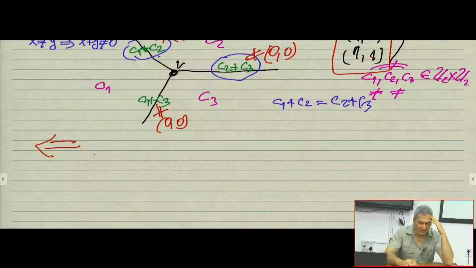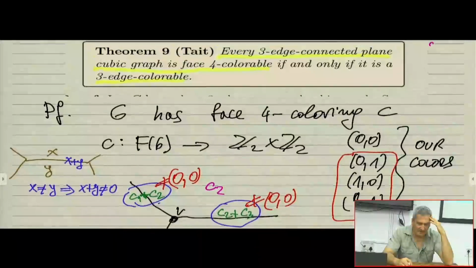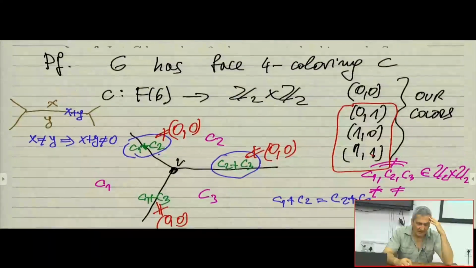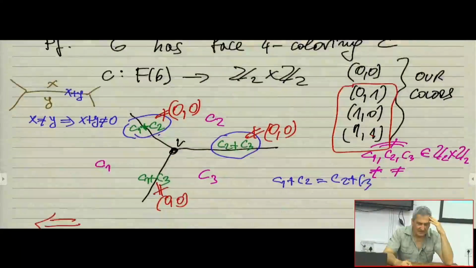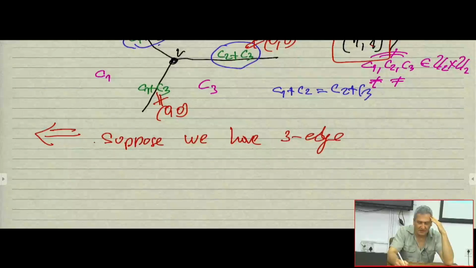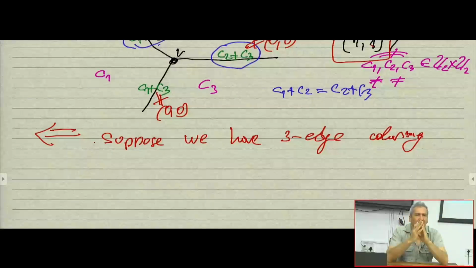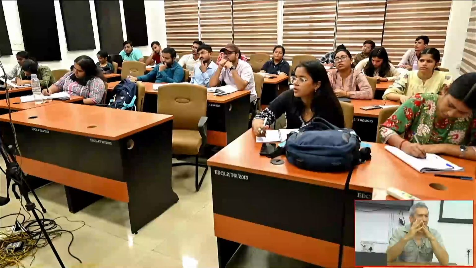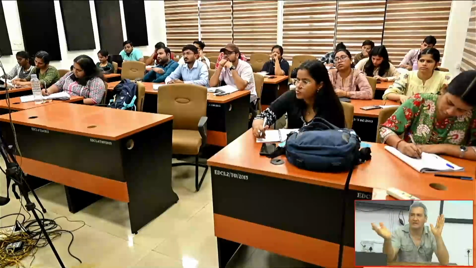Okay? The other direction. Now we have 3-edge coloring. Suppose we have 3-edge coloring. So we have a cubic graph and all edges are colored with colors 1, 2, 3.